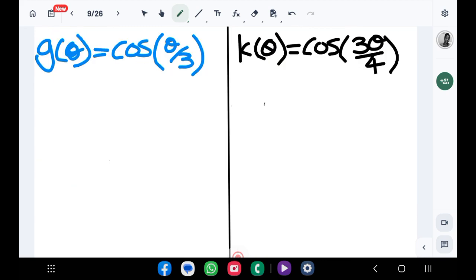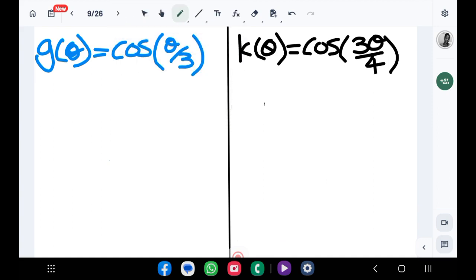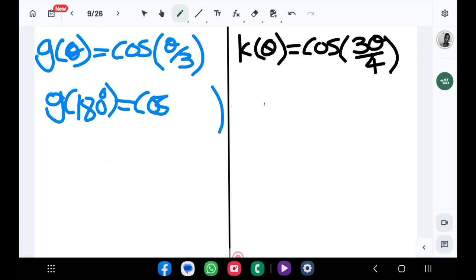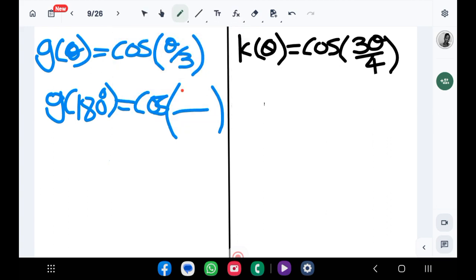And let's do that. Let's start with this one. Let's find out what g of 180 degrees is. G of 180 degrees is equals to the cos of 180 degrees divided by 3.